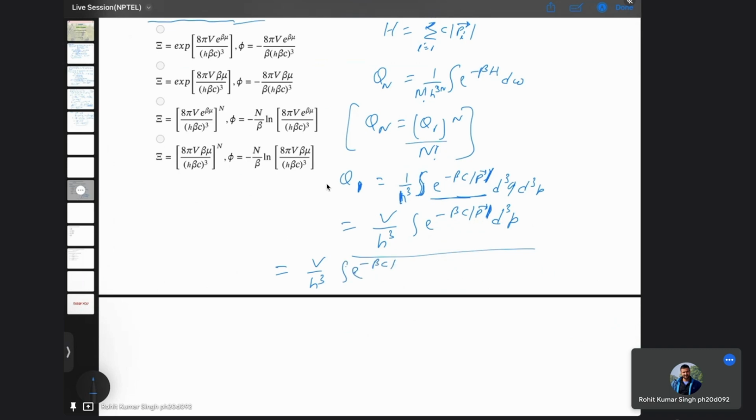So in a spherical coordinate system, this dqp, the volume element, is given by 4 pi p square dp, right? So here we have p square dp.